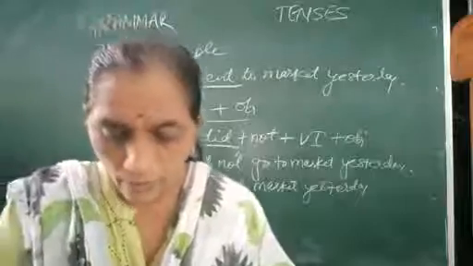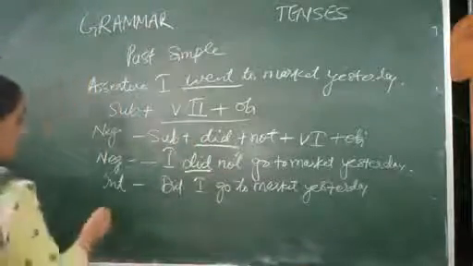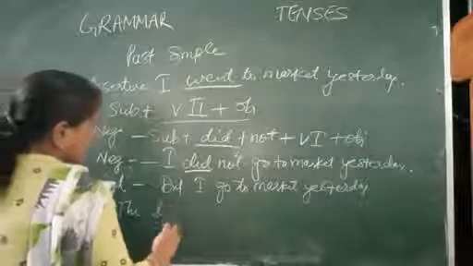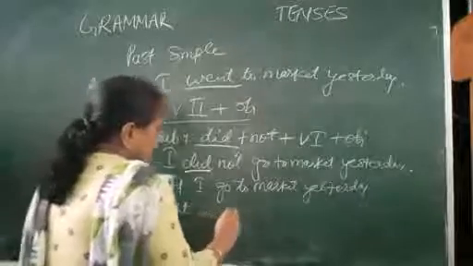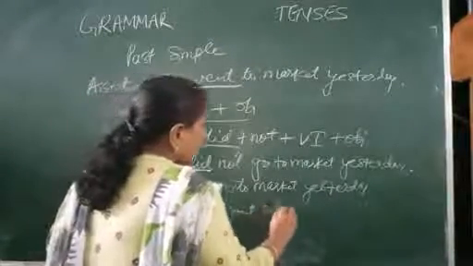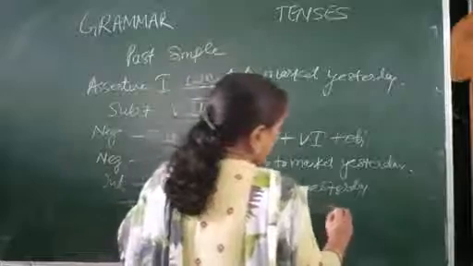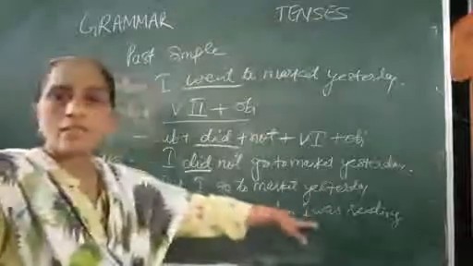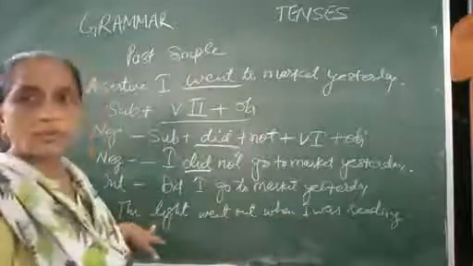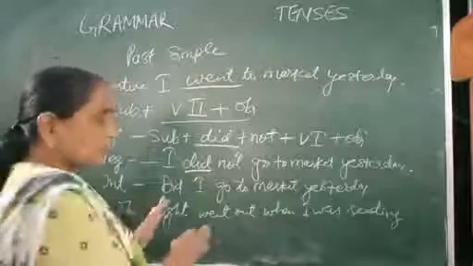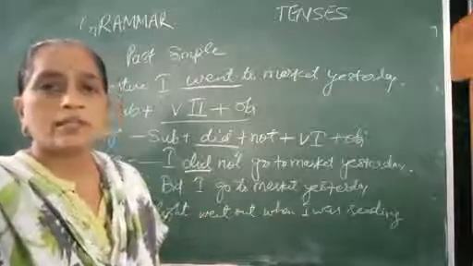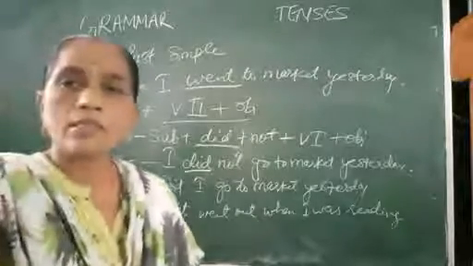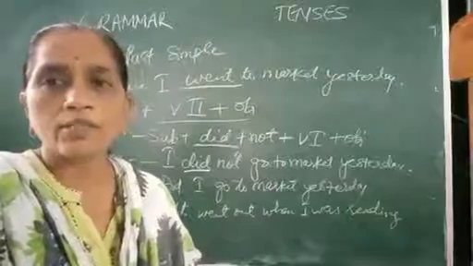Like the light went out when I was reading. ये एक्शन चल रहा था और उस समय कुछ एक्शन एक और हो गया, तो जो एक्शन कंप्लीट हो गया, we have used this past simple way. Okay? So this is past simple, the uses and the structure of it.